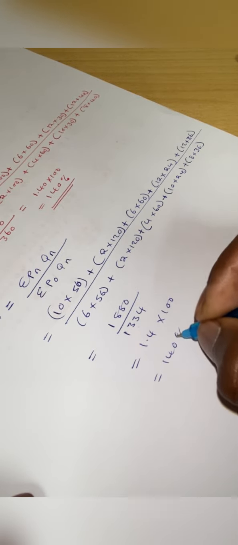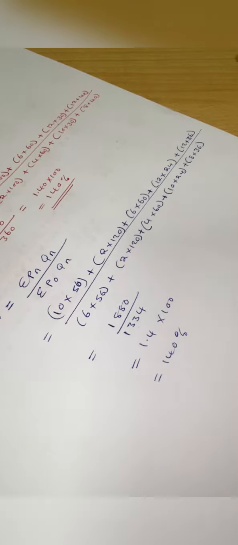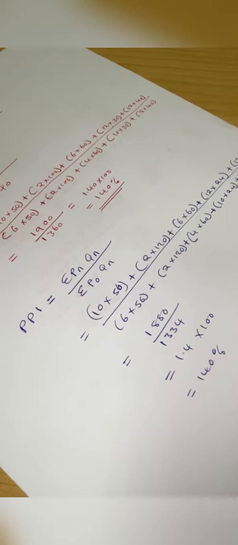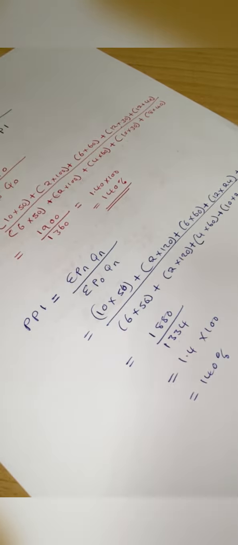When I multiply by 100, it's going to give me 140%. So we have seen that our Paasche price index is 140%. Even our Laspeyres price index is 140%.